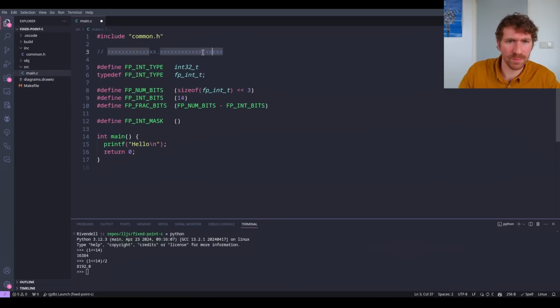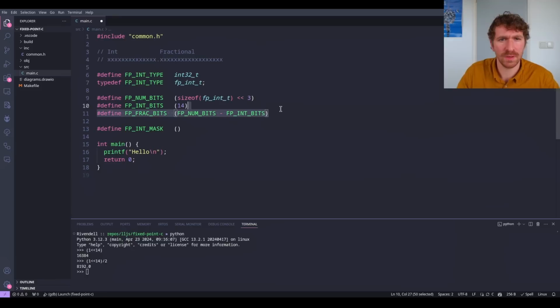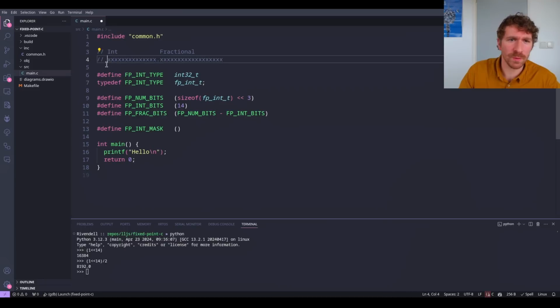So this is our bit distribution. We have these 14 integer bits here, the int part, and then this is our fractional part, right? So if we want to build a mask, we want something where we have all 1 bits here and all 0 bits here, so we could select the integer part.